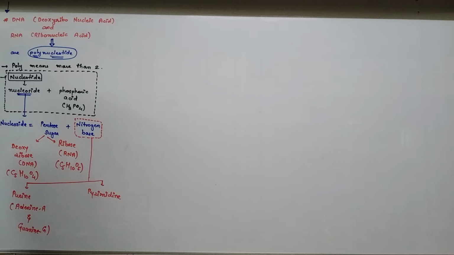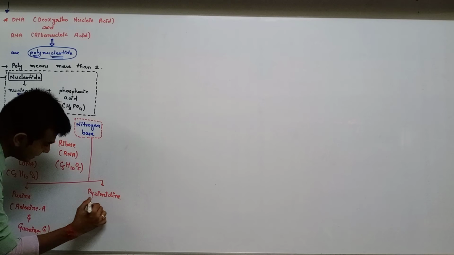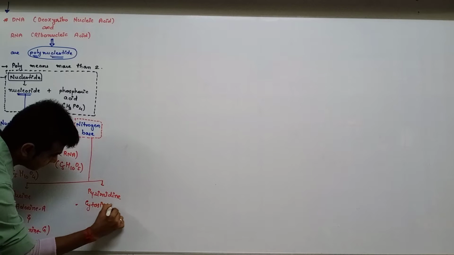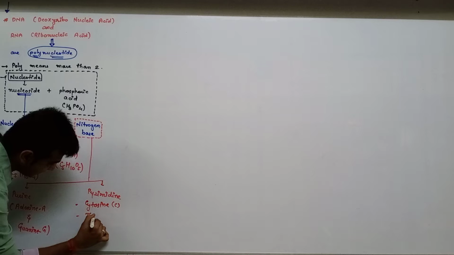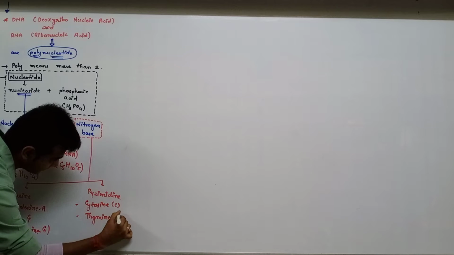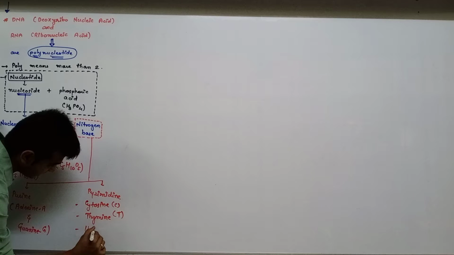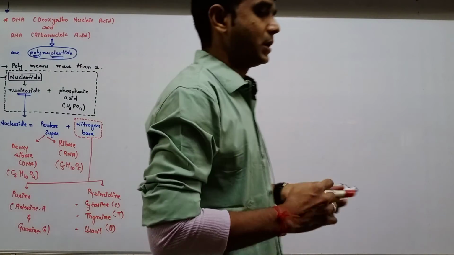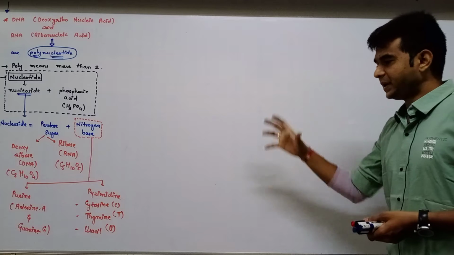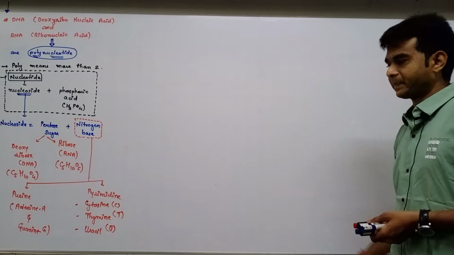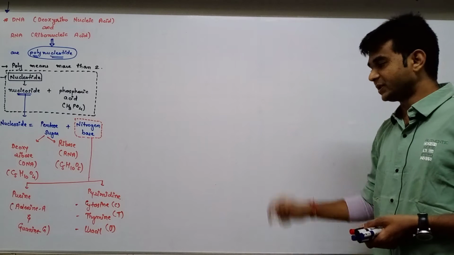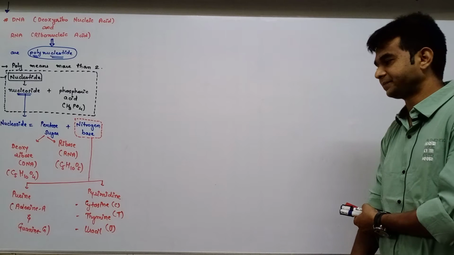Adenine is represented by capital A and guanine by capital G. In pyrimidine, three nitrogen bases are there: cytosine, C, thymine, T, and uracil, that is U. As you know, thymine is present in DNA and absent in RNA, whereas uracil is absent in DNA and present in RNA.